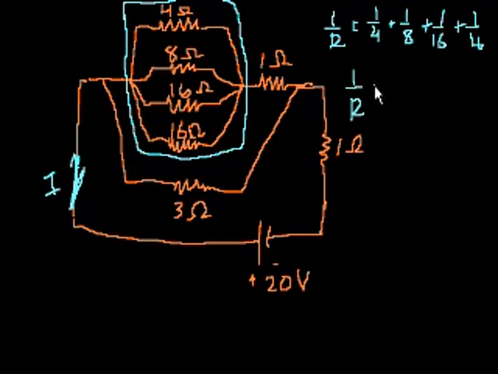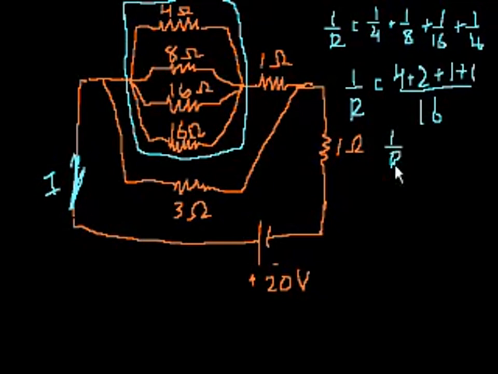Now it's just adding fractions, over 16. 1 over 4 is 4 over 16, plus 2 over 16, plus 1, plus 1. So 1 over R is equal to 8 over 16, the numbers are working out, which is 1/2. So that equivalent resistance is 2 ohms. So quickly, all of these resistors combined equal 2 ohms.